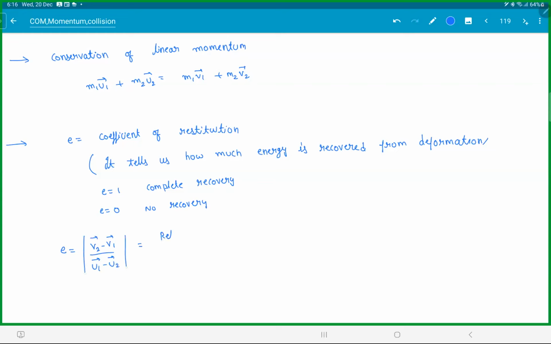So this is the relative velocity of separation along the normal. This is important. You should take the velocities always along the common normal. These are not complete velocities.